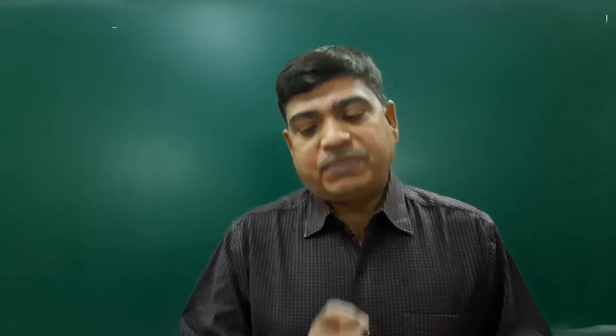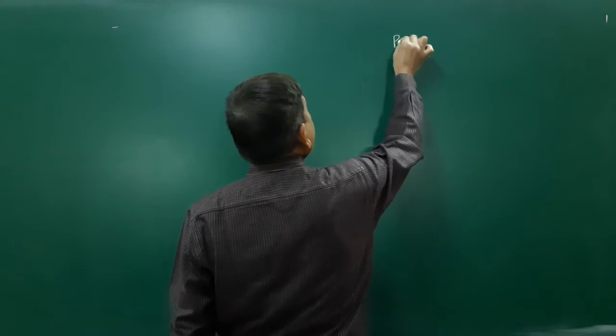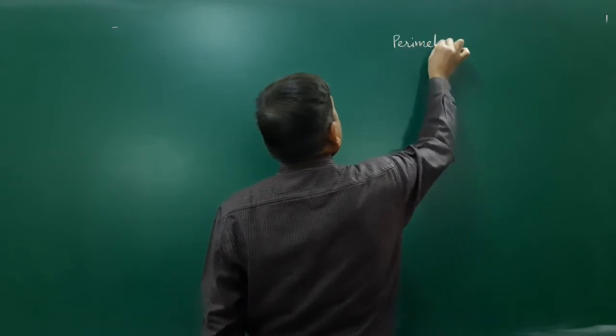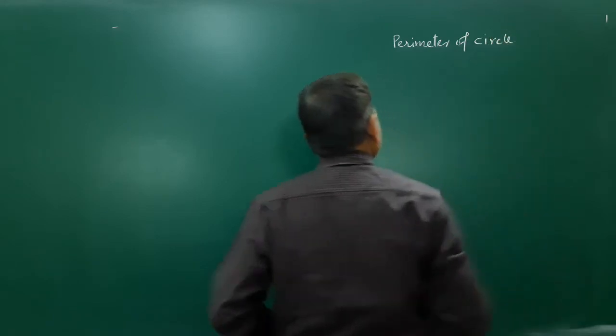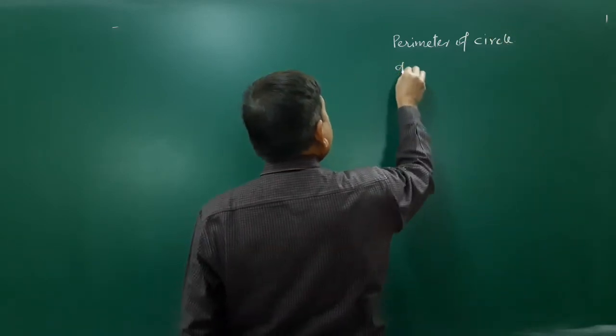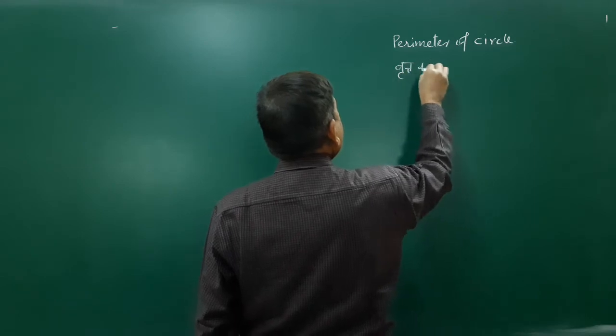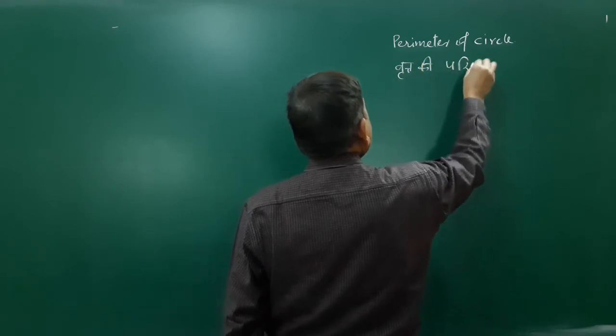In lower classes, you know the perimeter of the circle, वृत्त की परिधि की लंबाई या परिमाप.